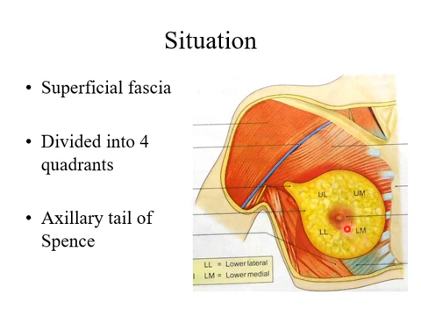From the upper lateral quadrant there is a small extension, which extends towards the axilla. This extension is called the axillary tail of Spence.